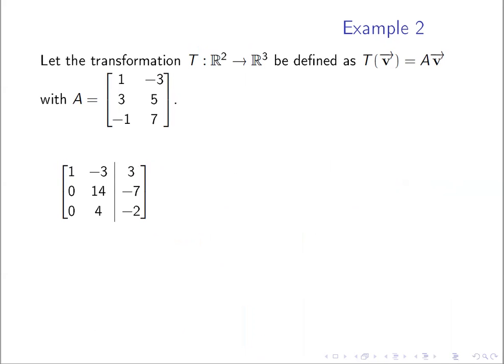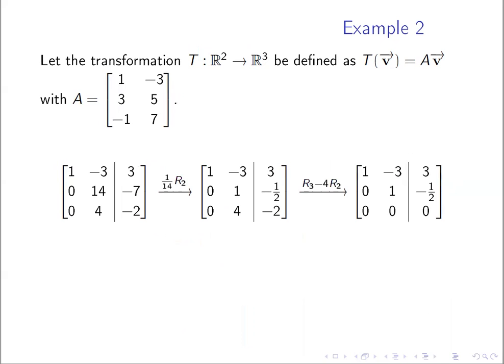I can scale row 2 quickly. If you wanted, you could have just done it by 1/7 and not had fractions, it doesn't really matter. In any case, with the 1, I can then take 4 times row 2 and subtract that from row 3, and notice it gets me exactly where I want.